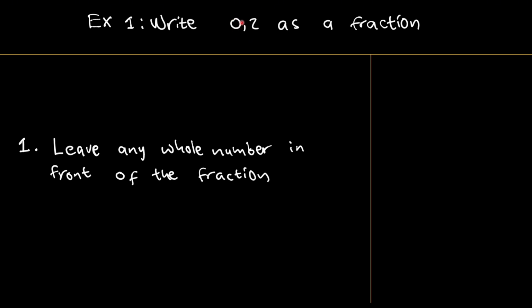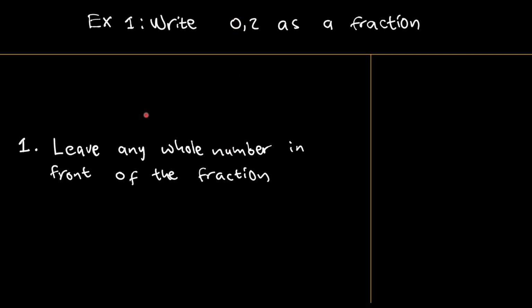This is a whole number before a decimal point. A decimal point can be referred to as a comma. So this is a number before a decimal point, and this is a number after a decimal point.